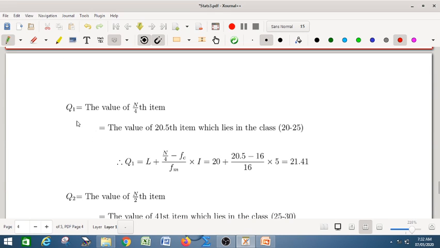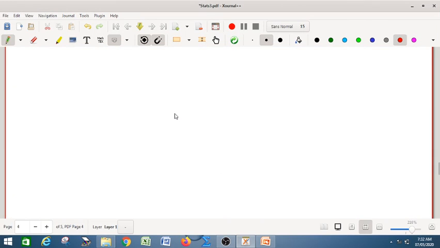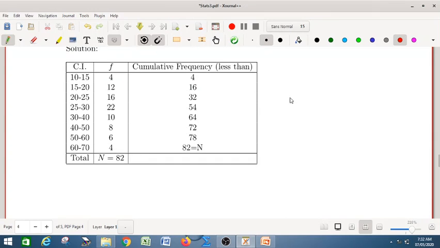So Q1 is the n by 4th item, i n by 4, that is i is 1. So n by 4 is 82 by 4. So here is the position of n by 4. The cumulative frequency preceding the quartile class, the Q1 class, is 16.